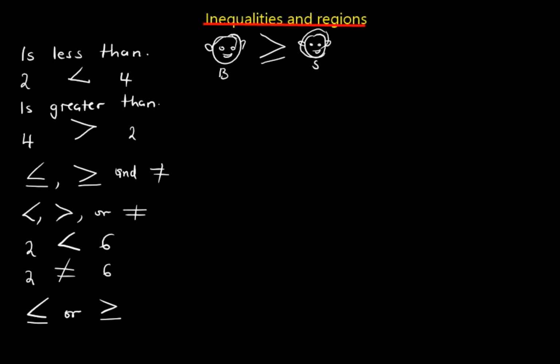Note number 3. The inequality symbol reverses when you multiply or divide an inequality by a negative number. I'm repeating. The inequality symbol reverses when you multiply or divide an inequality by a negative number. What do I mean? We can have two numbers, for example, -4 and 5.